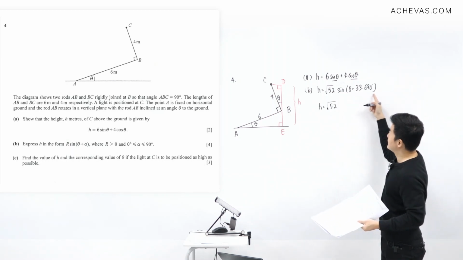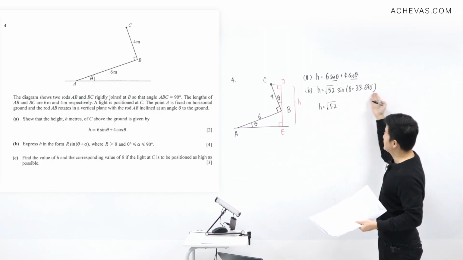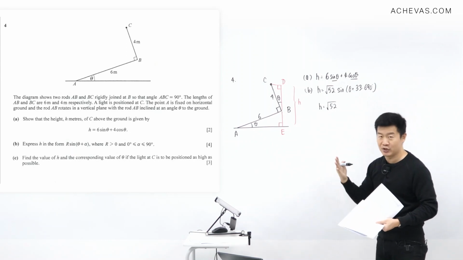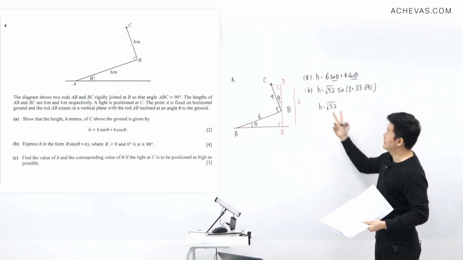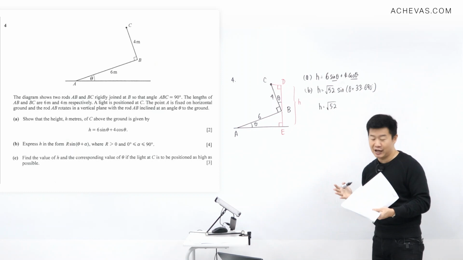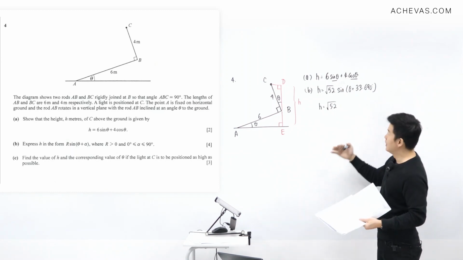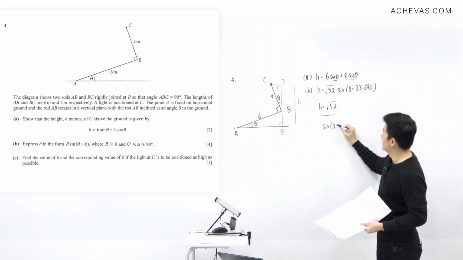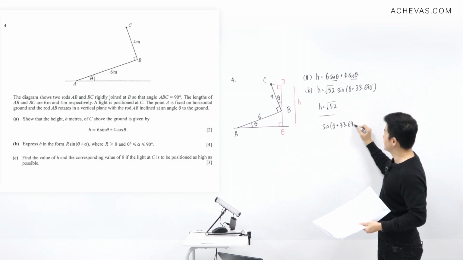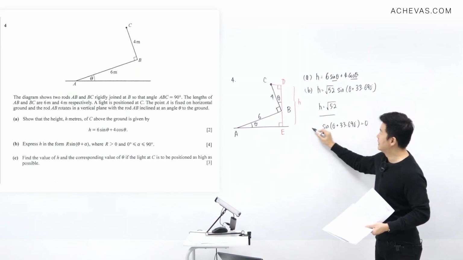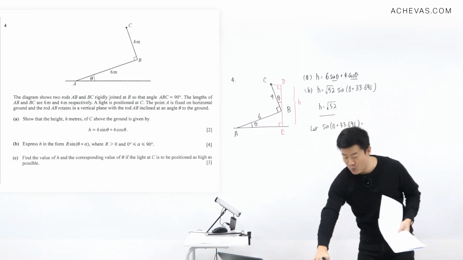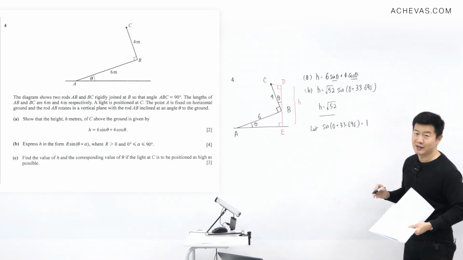That is when this is equal to 1, right? Because sine is always going to be between -1 and 1. So when it is at its maximum, which is 1, 1 multiplied by this gives me the maximum possible h, which is going to be the highest possible place for C. And the other one is definitely like what we have just discussed, to be letting this plus 33.690 be equal to 1 for the highest possible C to be happening.